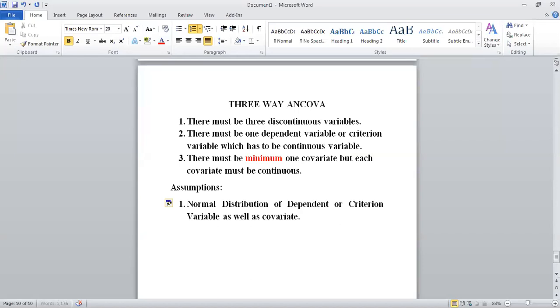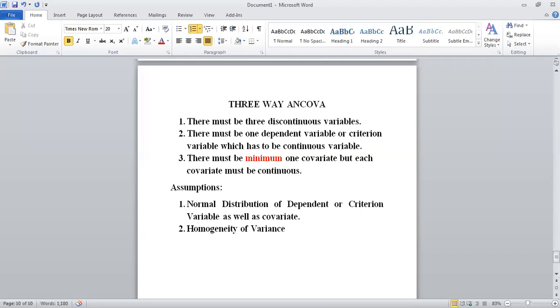And the second is homogeneity of variance. Homogeneity of variance means whatever the groups you are taking, whatever the continuous variable you take, this continuous variable must have the same variation in one group and in another group.